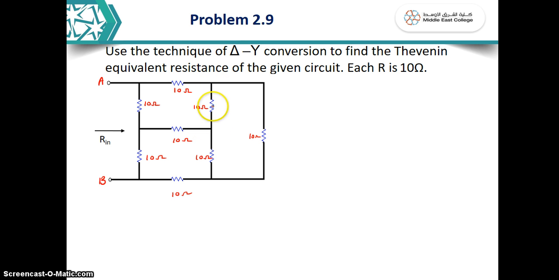these two resistors, between this point, one resistor. Between these two resistors, nothing is there. So from here, another resistor of Y. Between these two, the next resistor of the Y network.